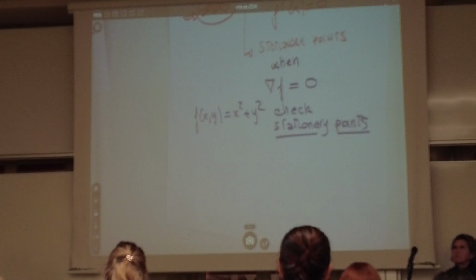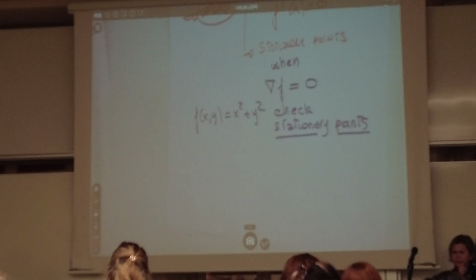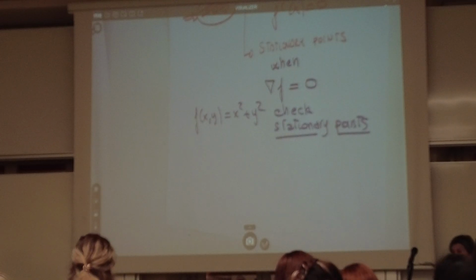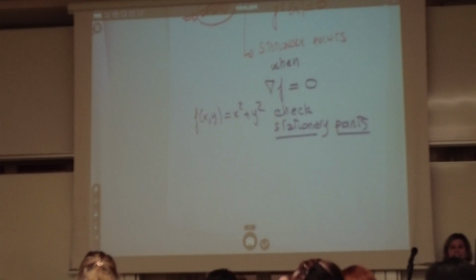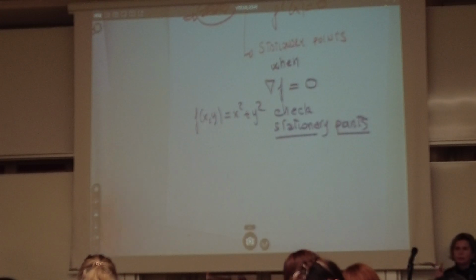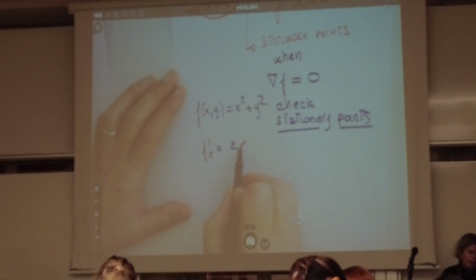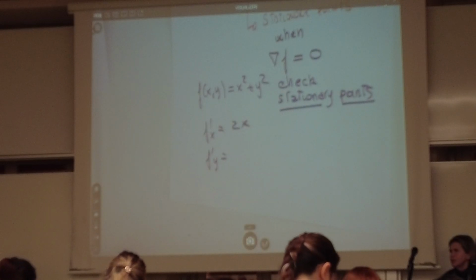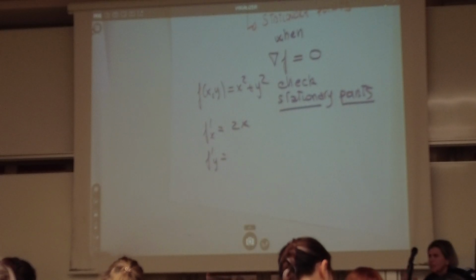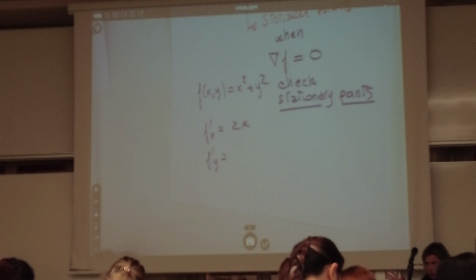Okay. What about stationary points? I need the first derivatives, I need the gradient, to check when the gradient is equal to 0. Exactly the same as one variable. The first derivative is, I believe, not difficult in this case. Generally, when I ask you stationary points in optimization, the function is not difficult at all.